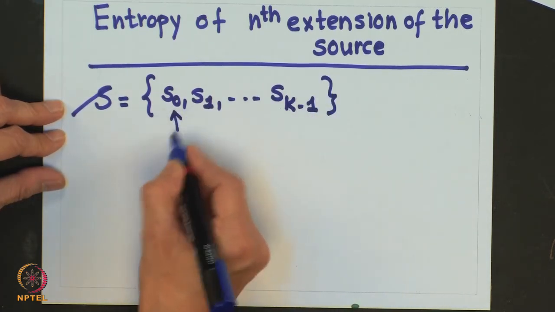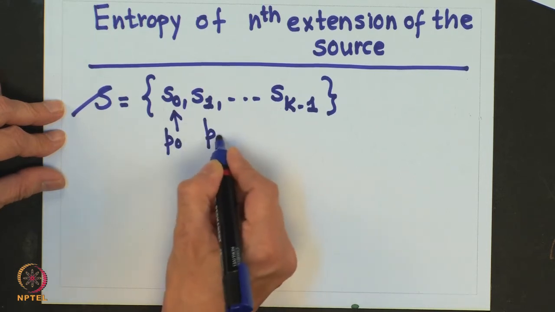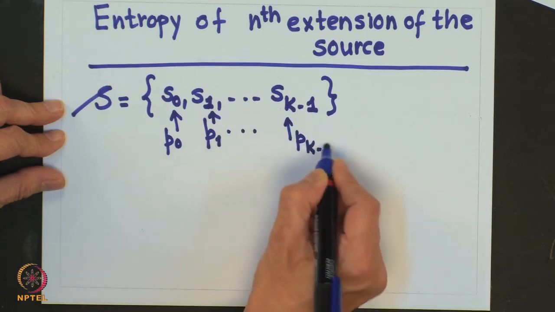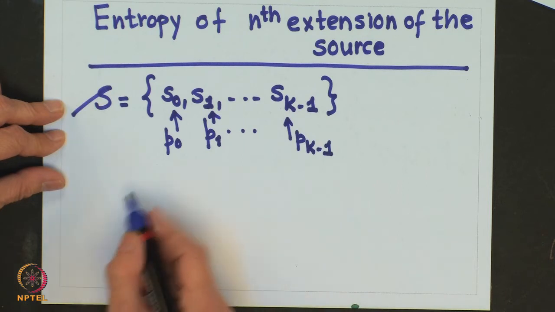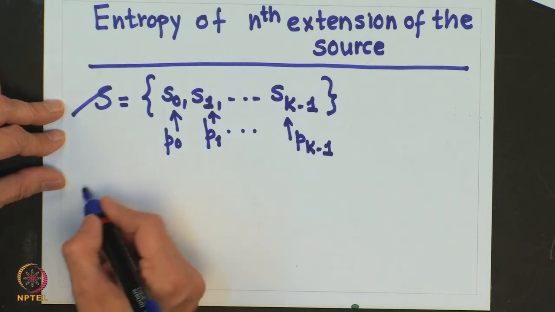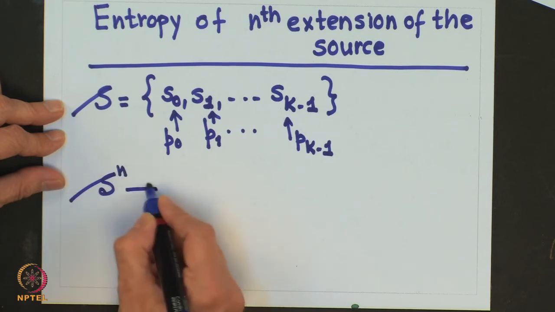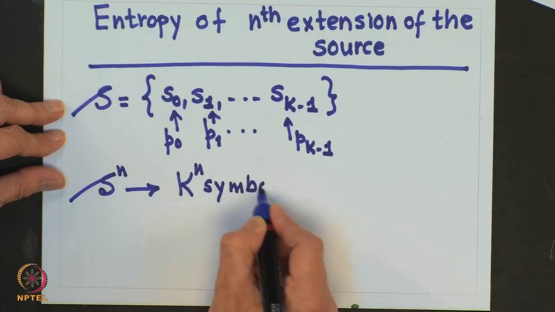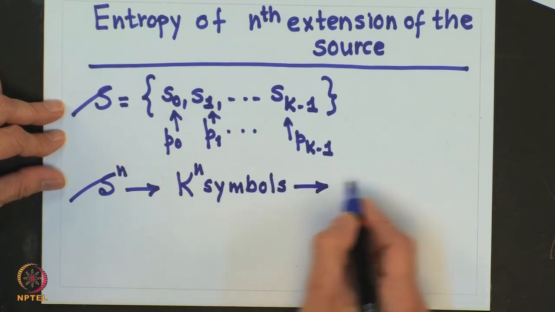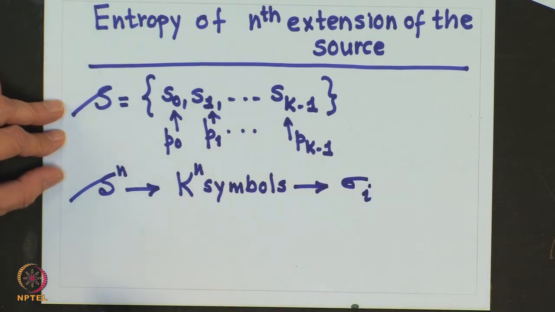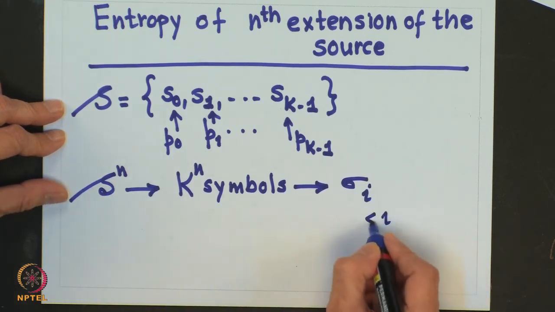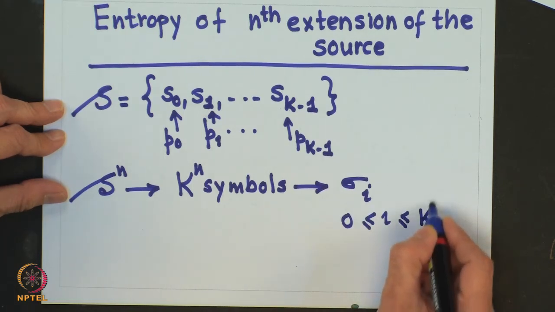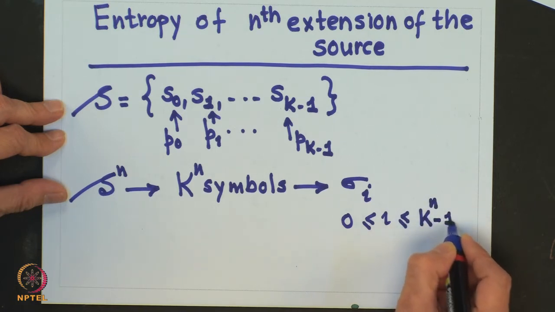To each of these there is a probability assigned. Now, this extended source S^n will have k raised to n symbols. I denote these symbols by sigma i, where i will take values from 0 to k raised to n minus 1.